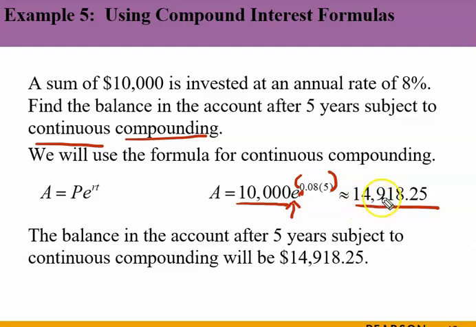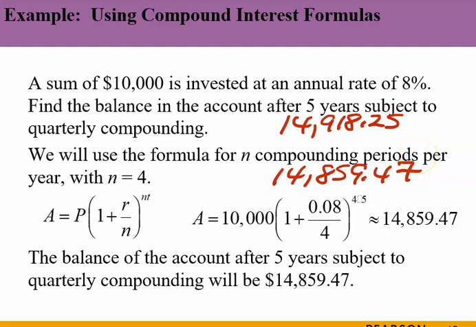So this is $14,918.25. Let's go back to the earlier slide. And you can see with continuous compounding interest using Euler's e, the value is more. And again, compound interest in reflection is your principal is increasing as you add the interest you've earned for that period of time. All right, let's close this up here.